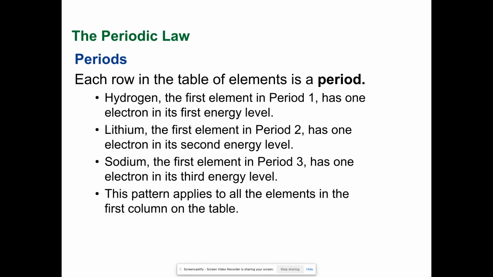Now lithium has 3 electrons total, so 2 are in the first energy level, and 1 is left over in the second energy level. If you skip ahead to sodium, sodium is in period 3. It has 1 electron in the third energy level. So this pattern repeats. So the period talks about how many energy levels it has, and the group tells you how many valence electrons it has in that outermost level.